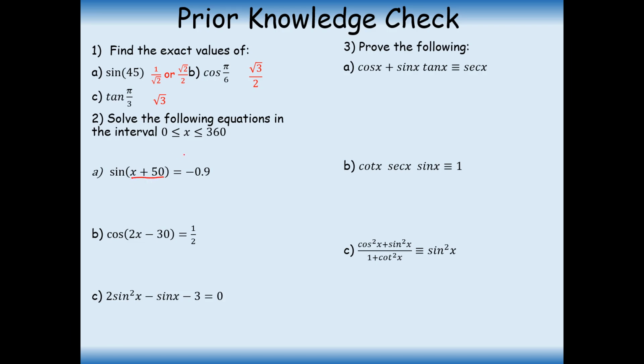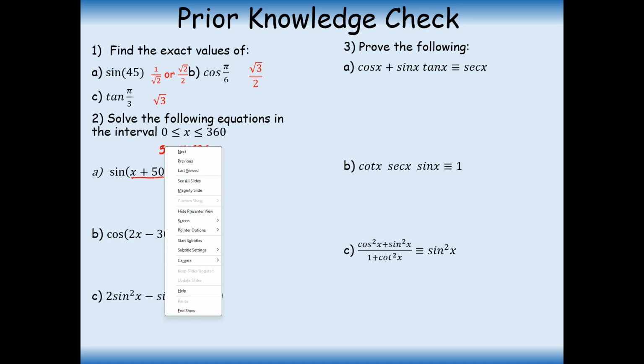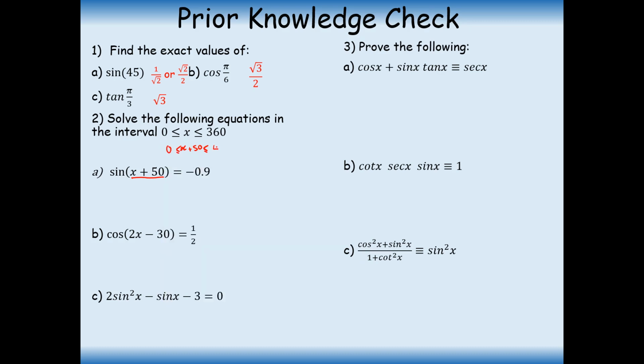Inside the bracket we've got x plus 50. So if I have x plus 50, that means I need to find my answers between 50 degrees and 410 degrees. Basically, because I added 50 degrees to x, I'm adding 50 degrees to both sides of this inequality.